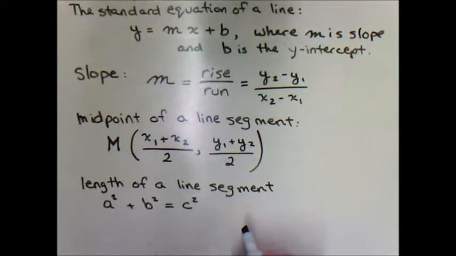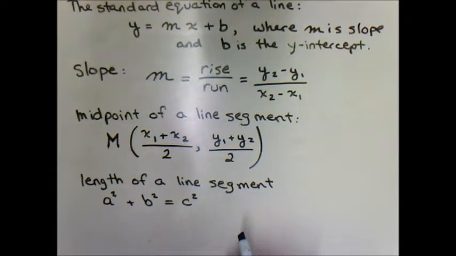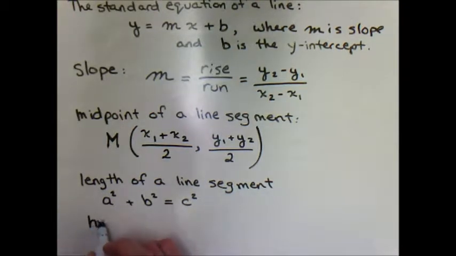And when we're applying it on a graph, we draw the triangle, right? We make a right triangle underneath the line segment, and the hypotenuse of that right triangle will be the length of our line.